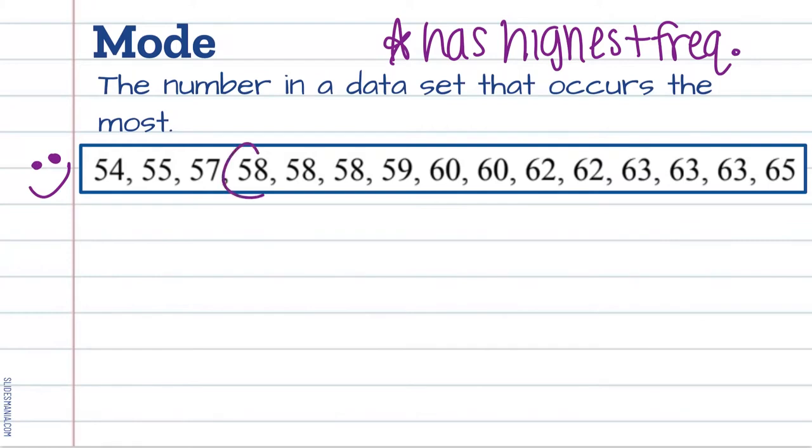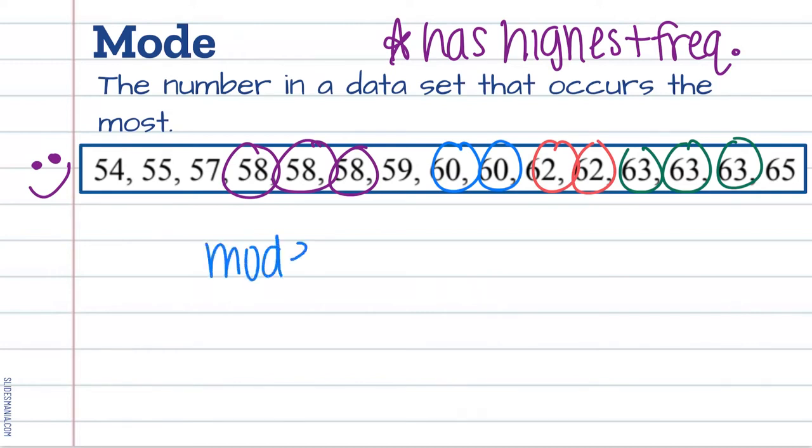So I see that 58 is repeated 3 times. 60 is repeated twice. 62 is repeated twice. And then 63 is also repeated 3 times. So I have 58 that's repeated 3 times, and then 63 that's repeated 3 times. Since they both have the same frequency that is the highest, my mode will actually be 58 and 63.